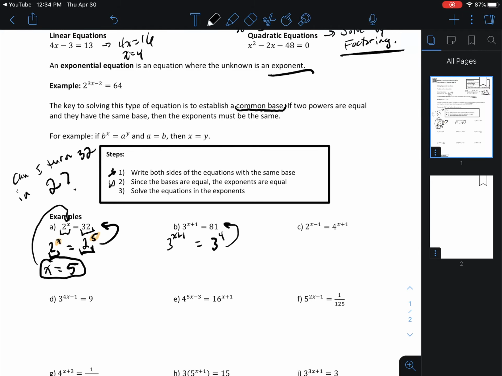Is there a way for me to write 3 to the power of something to give me 81 is my question. Turns out that it's 4. So 3 times 3 times 3 times 3 should equal 81. At which point you're able to go, okay, the bases match, make the exponents equal, solve for x like a linear equation. So x is going to equal 4 minus 1, which is equal to 3.